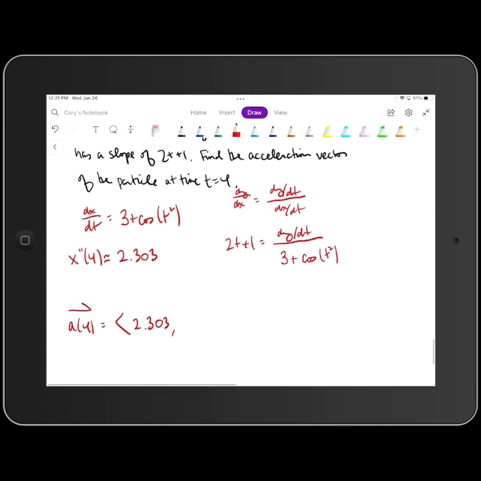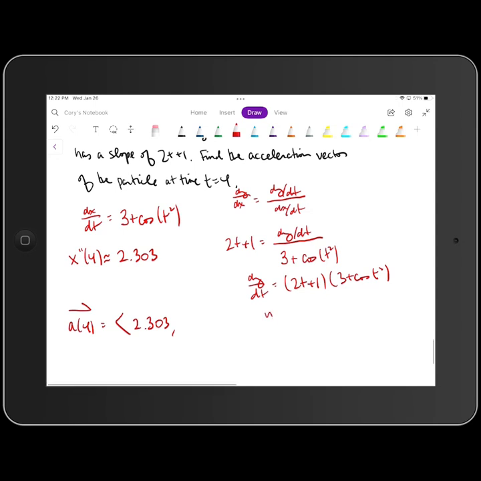And then I can determine what dy dt is. Isolating dy dt, we can do that by multiplying both sides by the denominator. So it's 2t plus 1 times 3 plus the cosine of t squared. And once you know what dy dt is, to get the vertical component of acceleration, we have to take the derivative of dy dt.